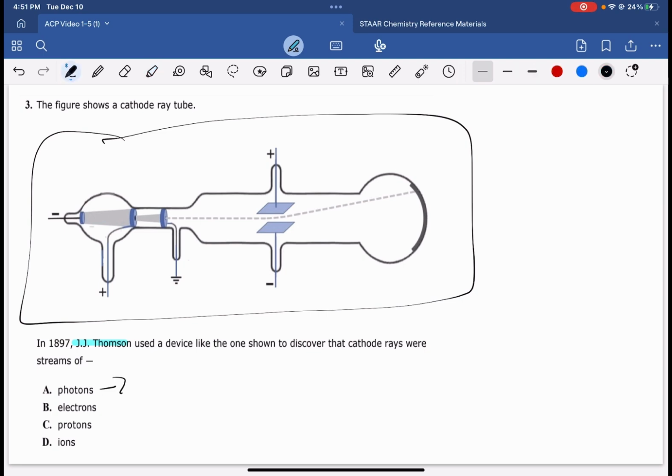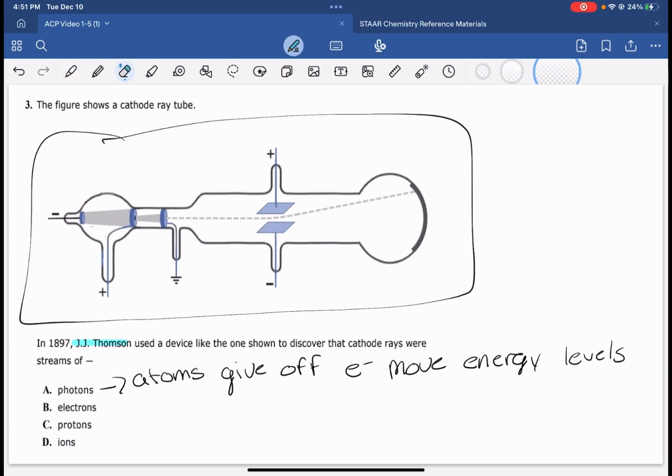Photons are what atoms give off when the electrons move energy levels. That is photon emission.